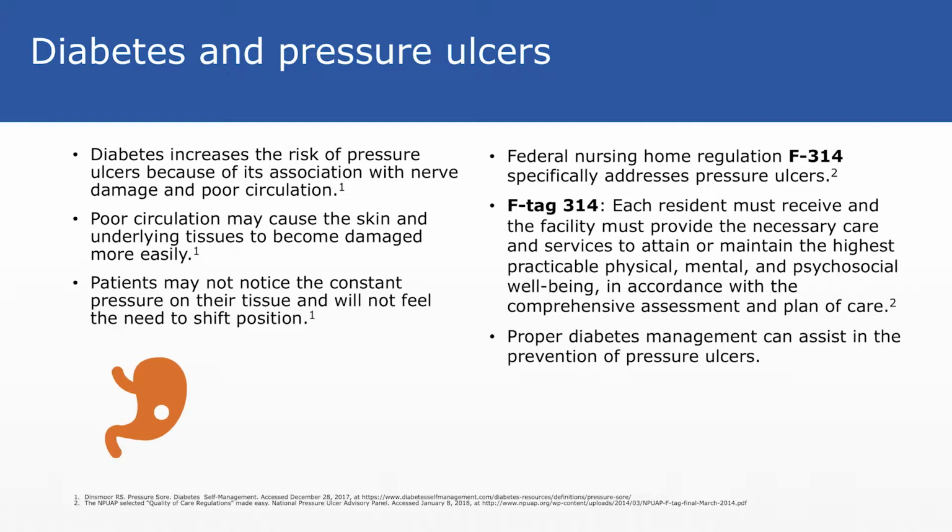It states that each resident must receive and the facility must provide the necessary care and services to attain or maintain the highest practical physical, mental, and psychosocial well-being, in accordance with the comprehensive assessment and plan of care. Proper diabetes management can assist in the prevention of pressure ulcers.